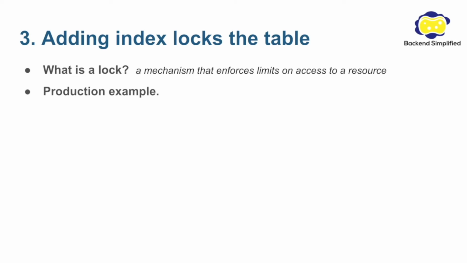Let's say that you have on your production environment a huge table with millions of entities. And now you want to add an index to this specific existing table, and you decide to write a migration for that, and the day came, and now you want to run the migration and add the index for this table.